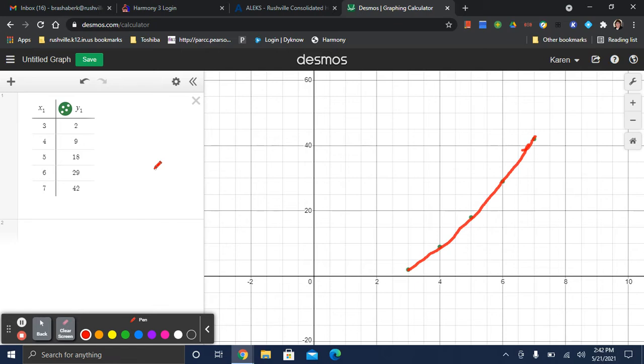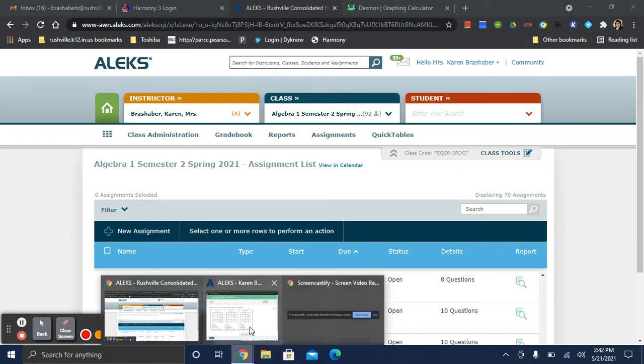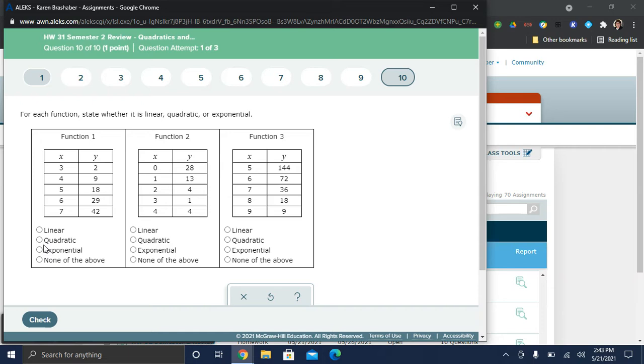So I can go back to Alex now, and I know that I do not have a line. If I think it might be exponential, then these numbers would have to be growing much more quickly than what they are. As you can see, this function, the numbers are much bigger. And so I believe that what I have here would be a quadratic.